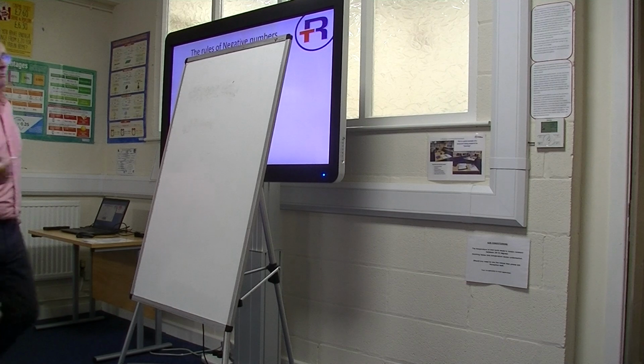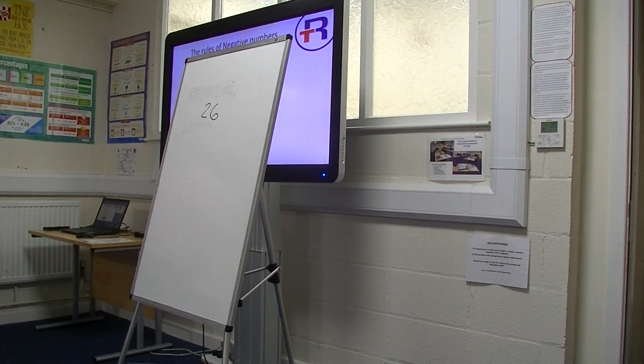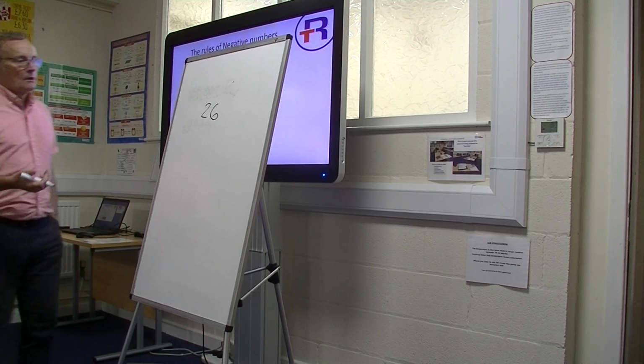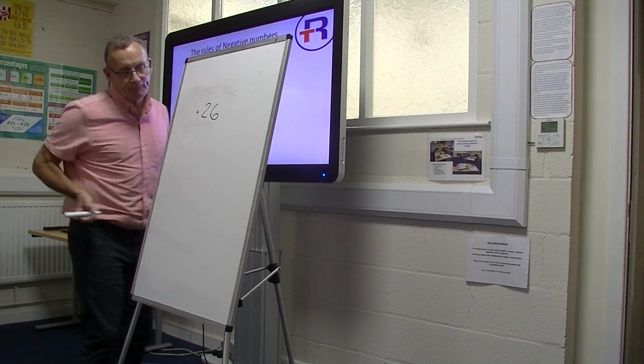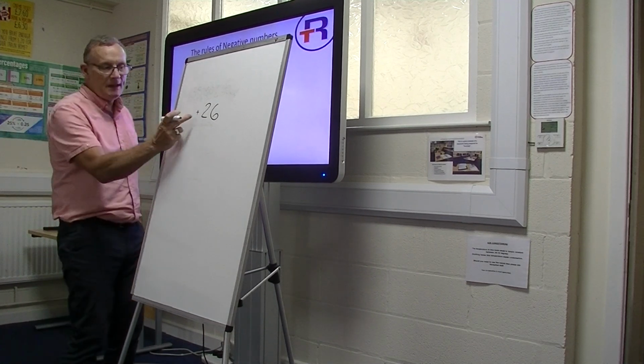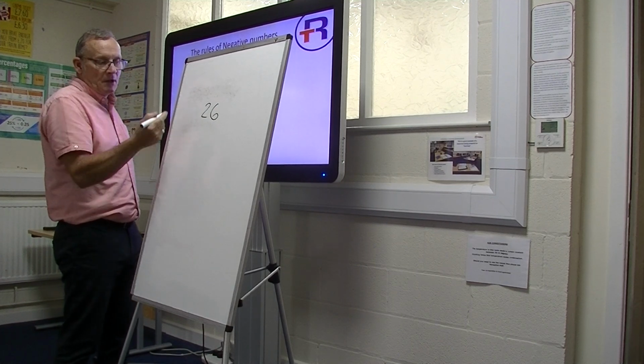When we see a number, so let's go for the number 26 for example, we know that that's the number 26. Okay? It's what's called a positive number. It doesn't need to have a plus sign at the front of it because we know it's positive.